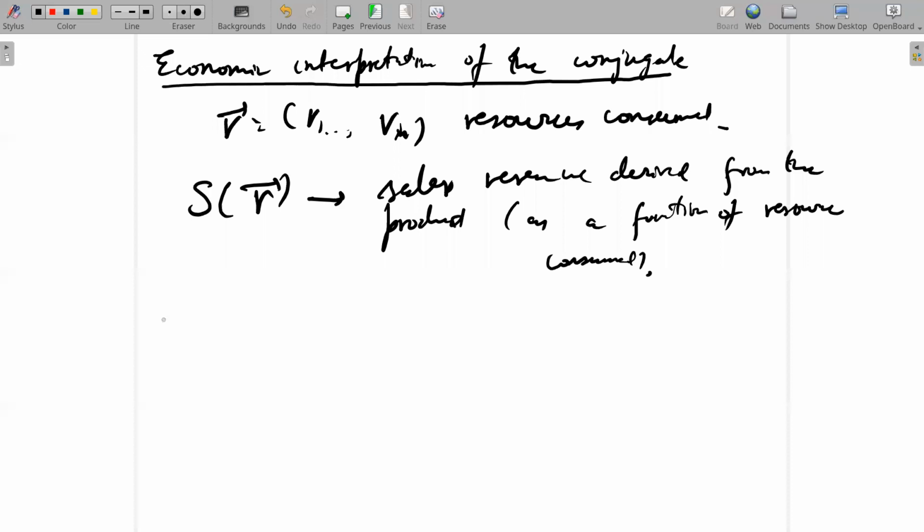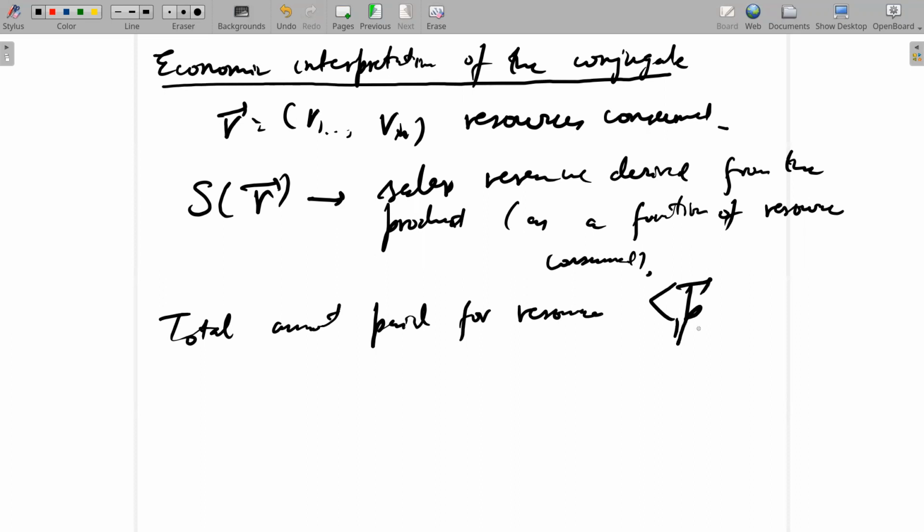So the total amount paid for resources is given by a price vector, let's call it P. For R1 you paid P1 per unit, and so on. So the total amount paid is P1 R1 plus P2 R2 plus Pn Rn. Now what is the profit?